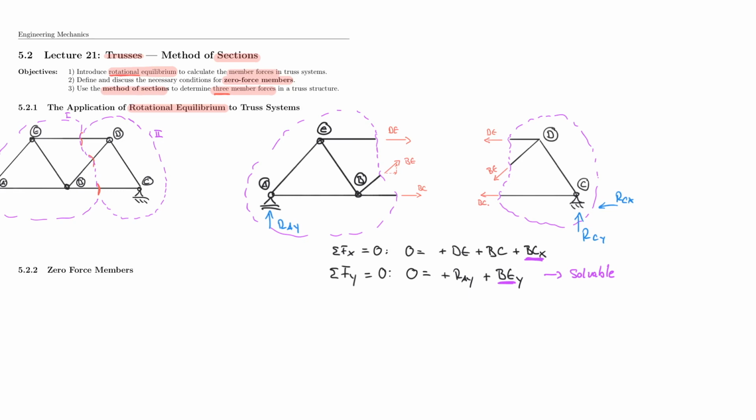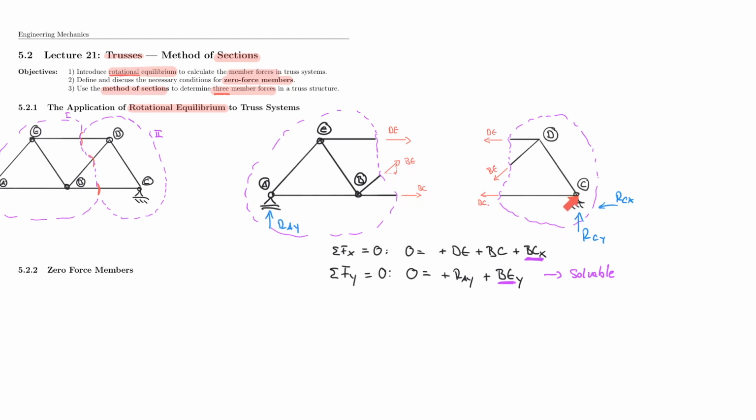Remember that when we find the sum of the moments about a point, for example, let's say RAY, then we usually take the sum of the moments about C. And the reason we're doing that is not because it wouldn't work at any other point. In fact, the sum of the moments about any point needs to be zero in an equilibrium system.